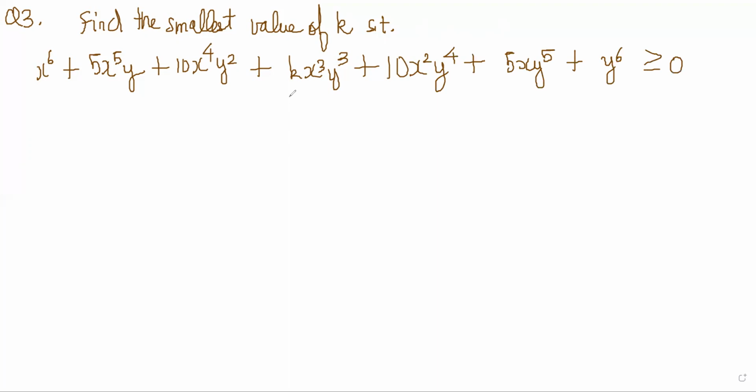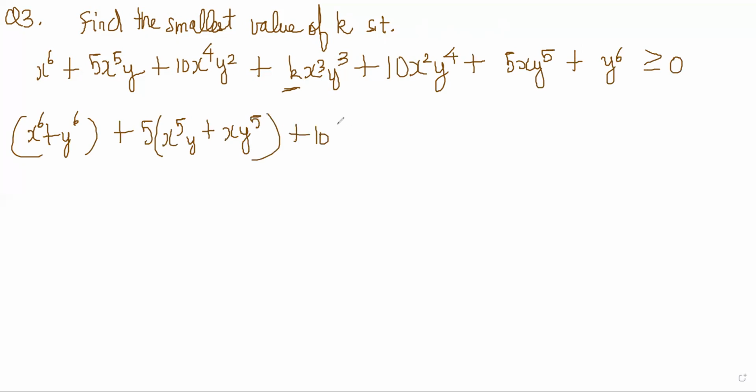So we have to find the value of k so that this is always true for all non-negative reals x and y. So I will write it like this: x power 6 plus y power 6 plus 5 x power 5 y plus x y power 5 plus 10 x square y 4 plus x 4 y square is greater than or equal to minus k x cube y cube, and I have to find the value of k here.